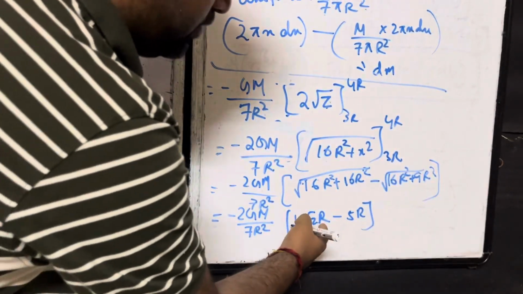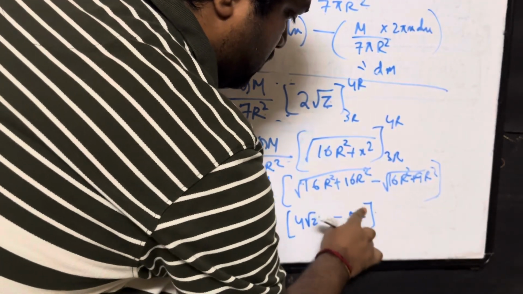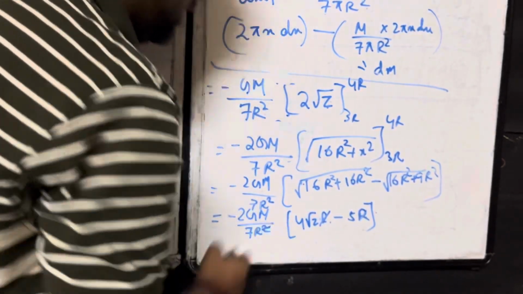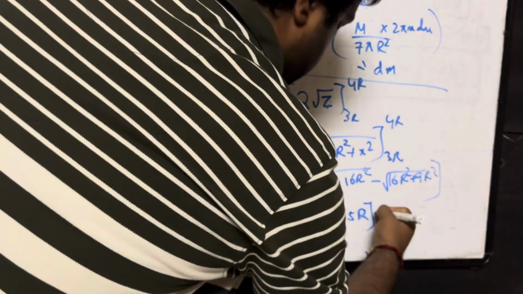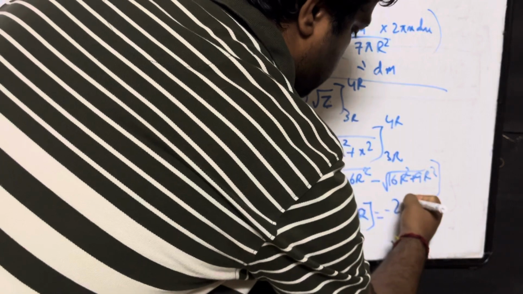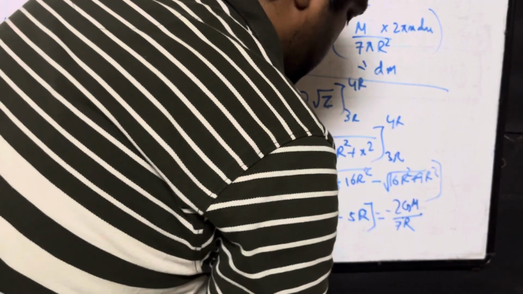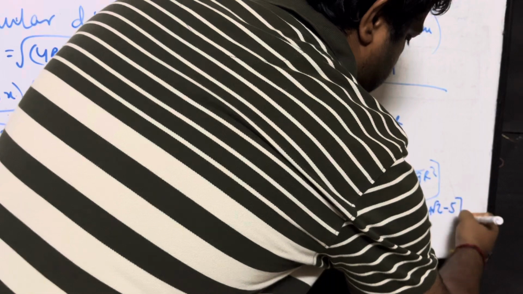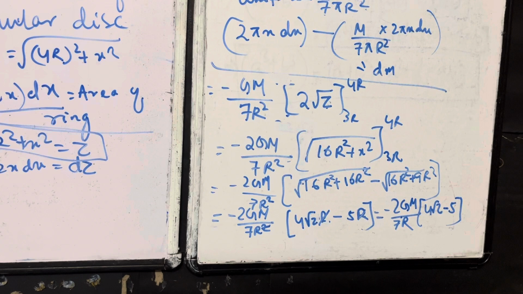You take r common, this r square you can cancel, r will come outside. So finally you are getting minus 2GM by 7r, times 4 root 2 minus 5. This is the potential you are getting at the point P.